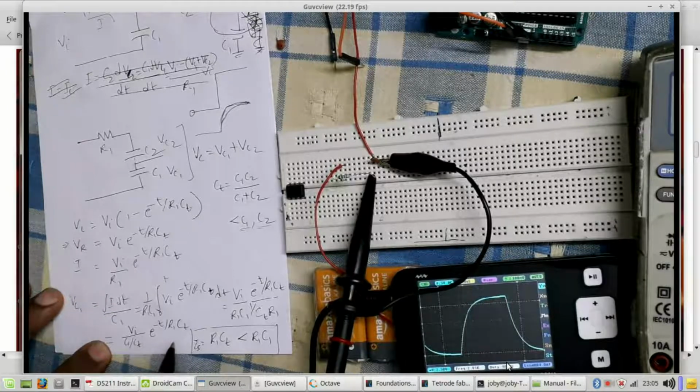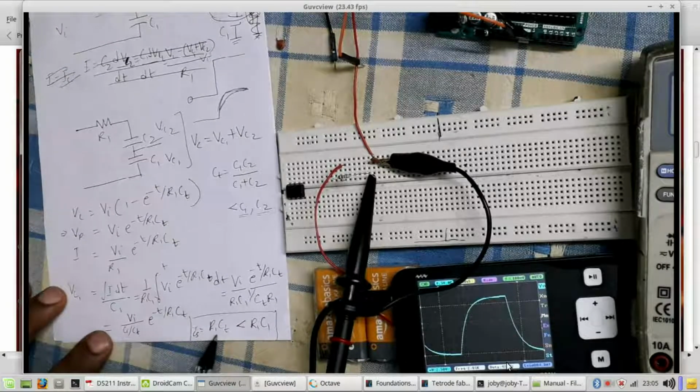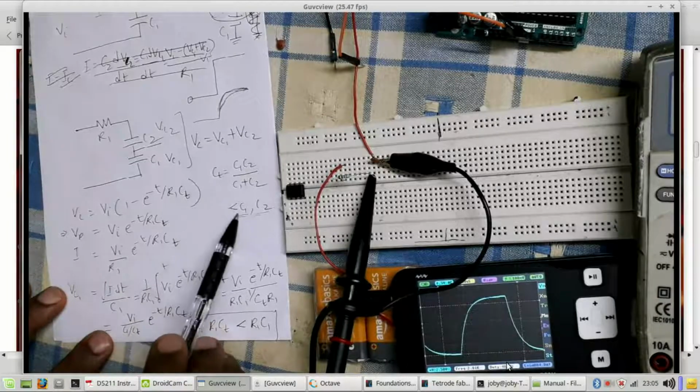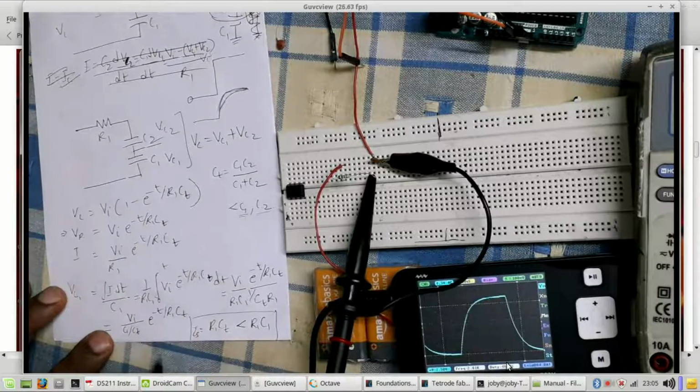And what is interesting here is that now the time constant is R1 CT, right? And what we know is that because CT is less than either C1 or C2, R1 CT will be less than R1 C1, which means we have improved upon the time constant, meaning the waveform should rise faster.